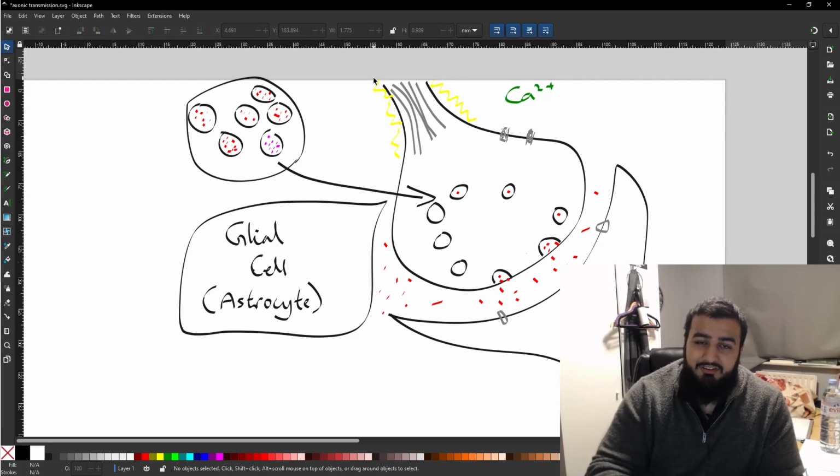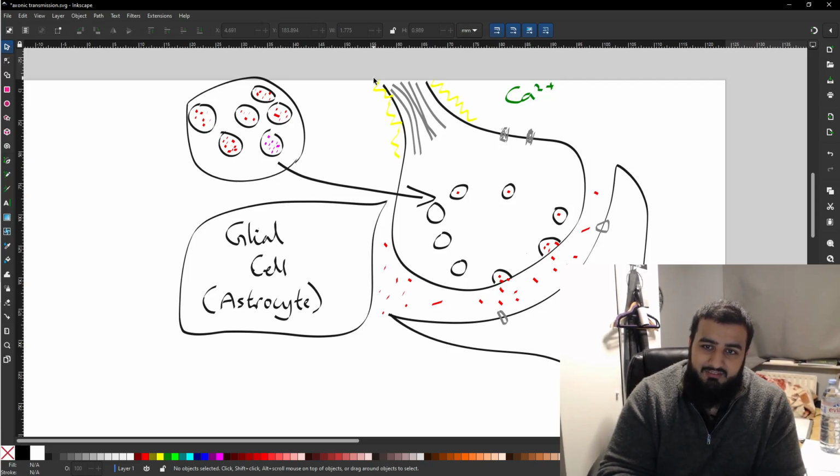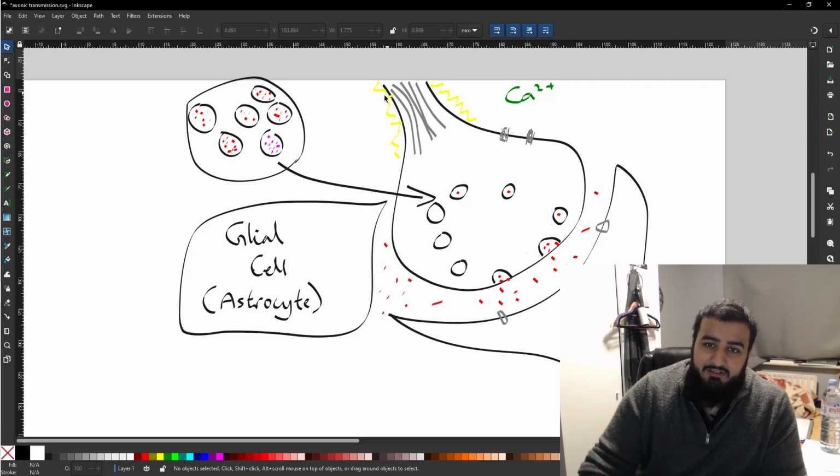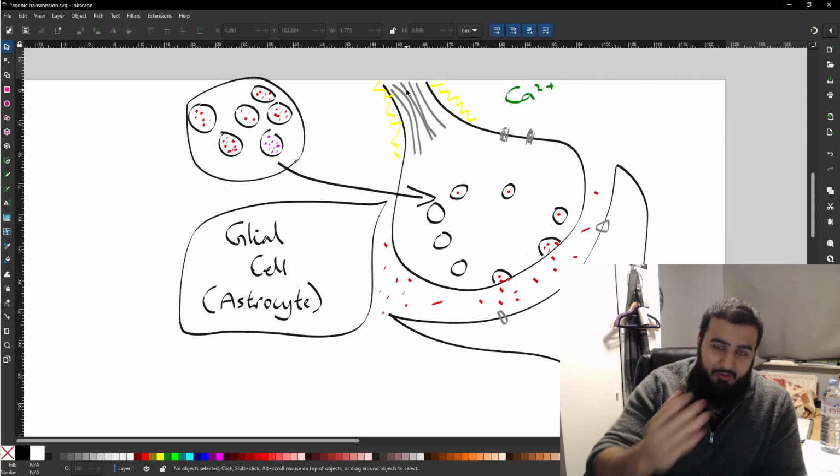This is a process that's independent of the action potential. Common misconception, I was confused by this at first as well, but they are two completely independent processes. The action potential actually travels on the membrane instead of inside the axon, like a wire. It's not like a wire.